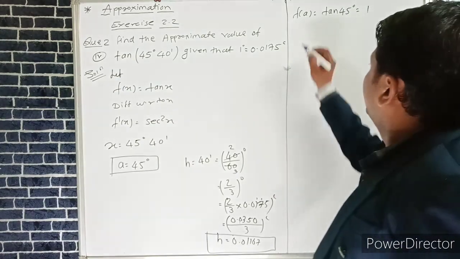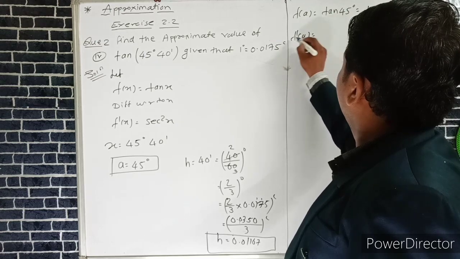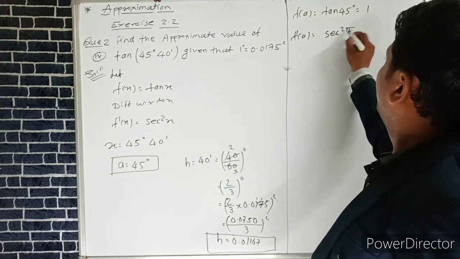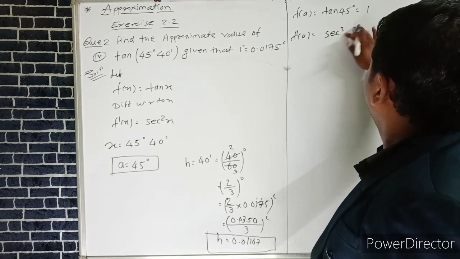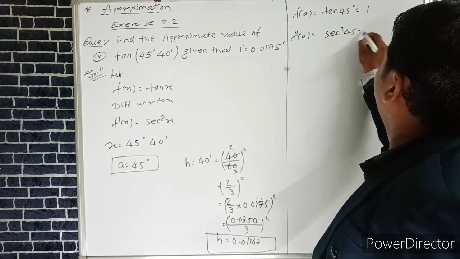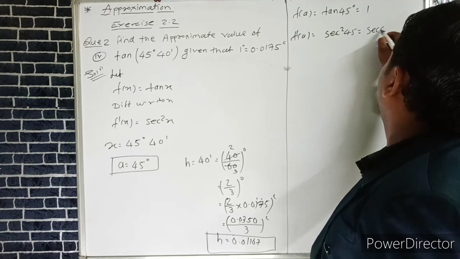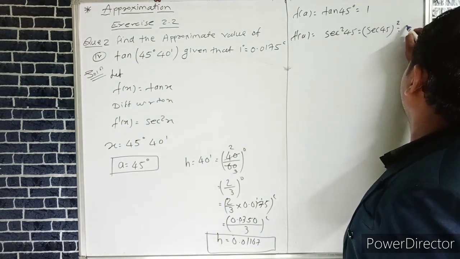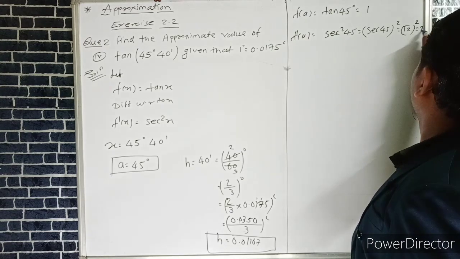Again, f dash of a is equal to sec square 45 degree. We can write it as sec of 45 degree, bracket square, and the value of sec 45 is root 2, whose square is 2.